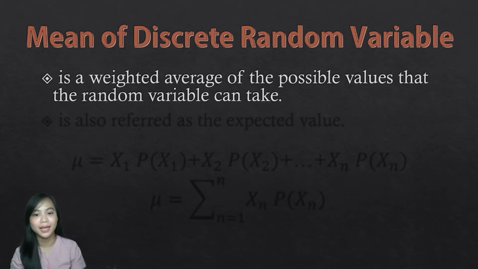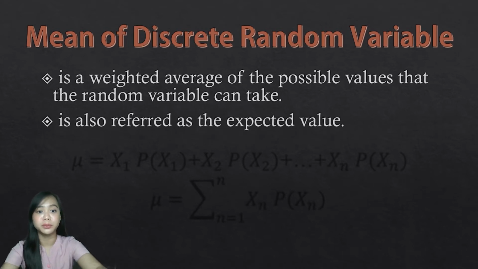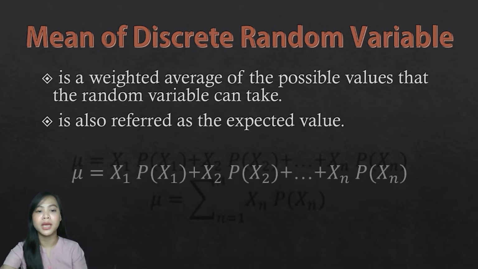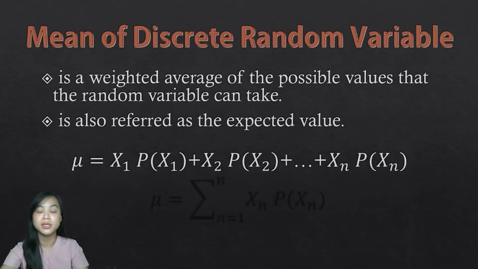How can we get that? We have the formula. The mean of the discrete random variable is also referred to as the expected value of our discrete random variable, or of the probability distribution of the discrete random variable. To get the mean of a discrete random variable, we also use the symbol mu.